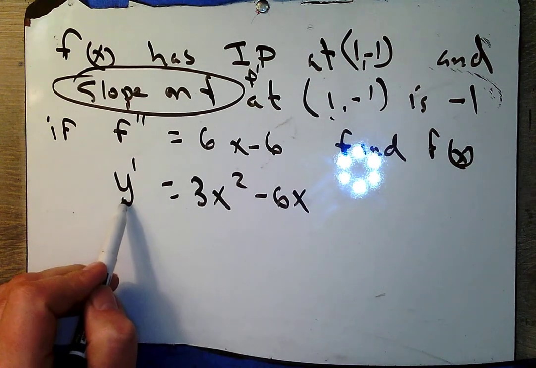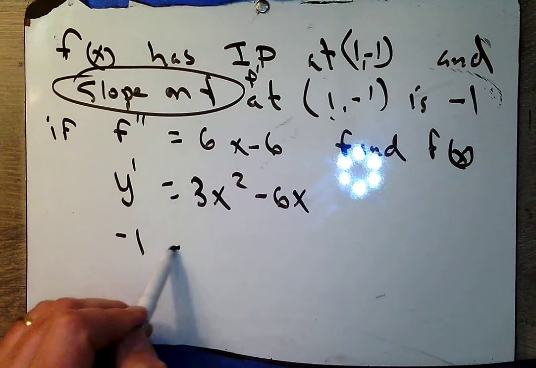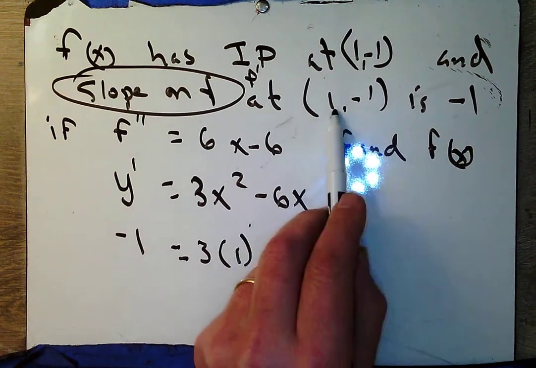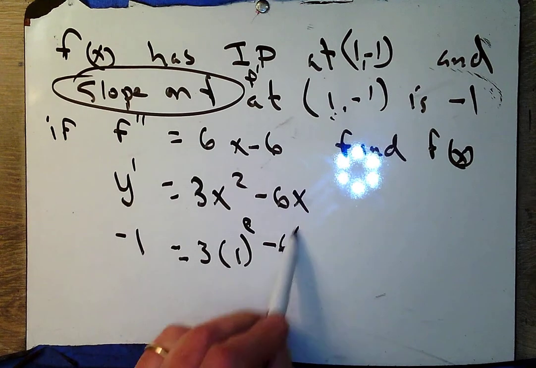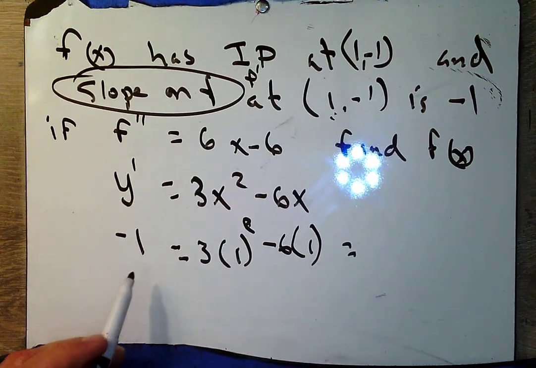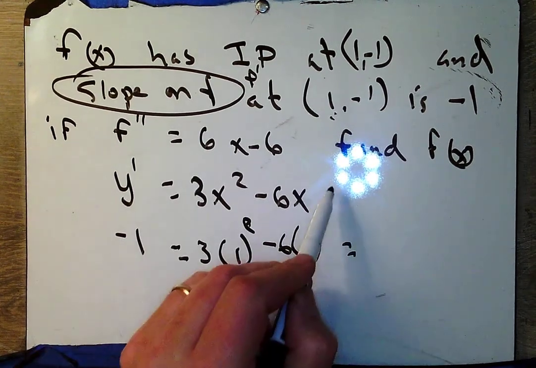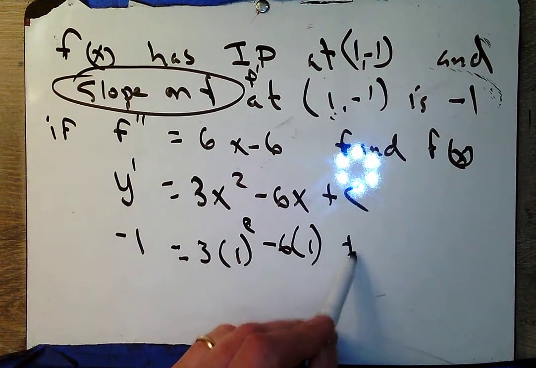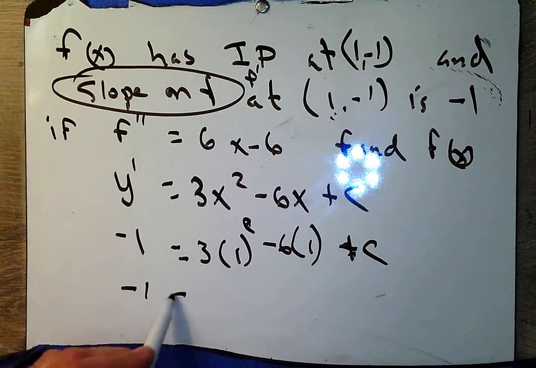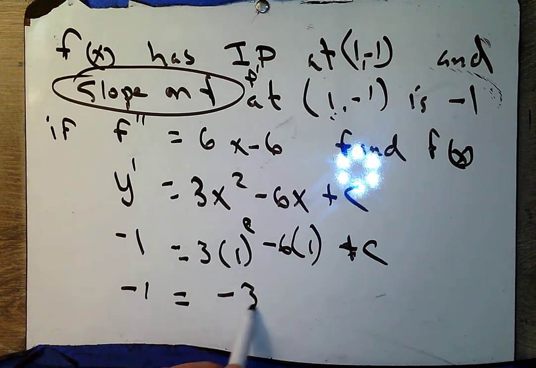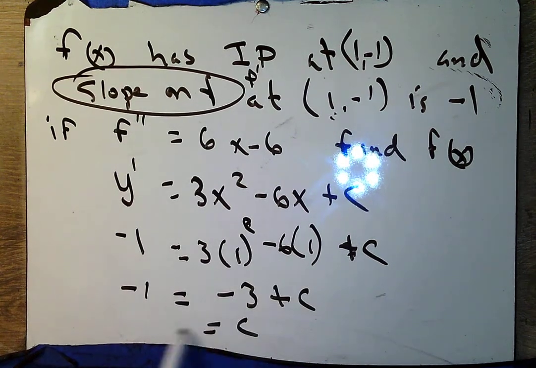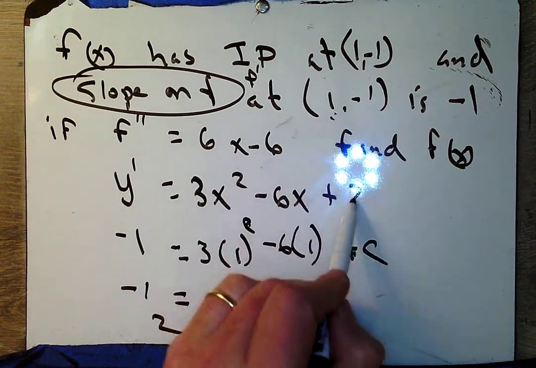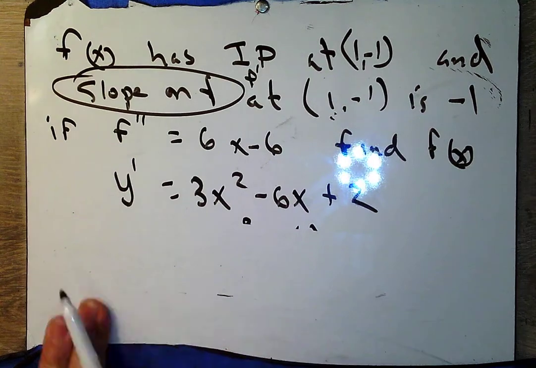Well, oh yeah, because when I went backwards, I was supposed to have a constant. So plus c. So we get -1 equals 3 minus 6 plus c. It looks like c is positive 2. So let's replace this with a 2 and say, great.